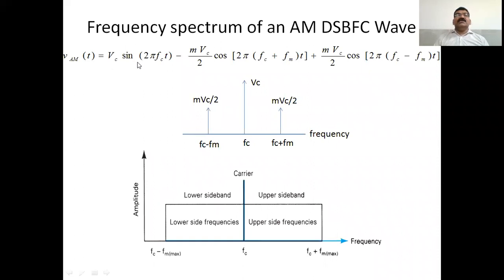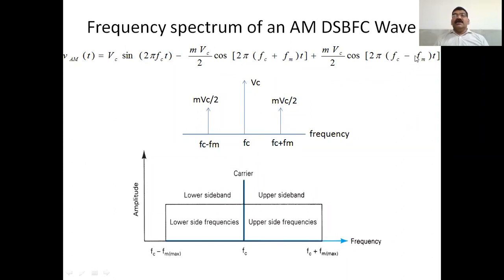This is Vc sin 2 pi fc t, where Vc is the carrier amplitude. Then m Vc by 2 cos 2 pi (fc plus fm) t, so this component is at fc plus fm; it deviates from fc by the frequency fm, on the positive side of the x-axis.